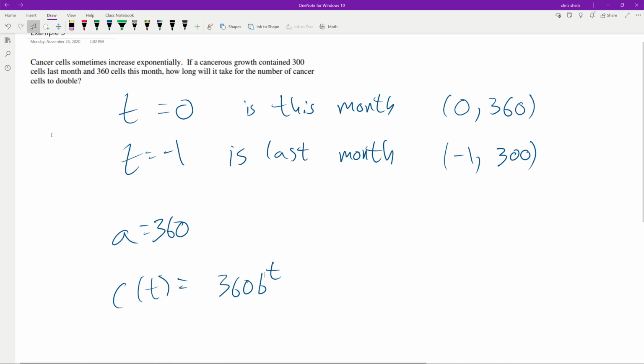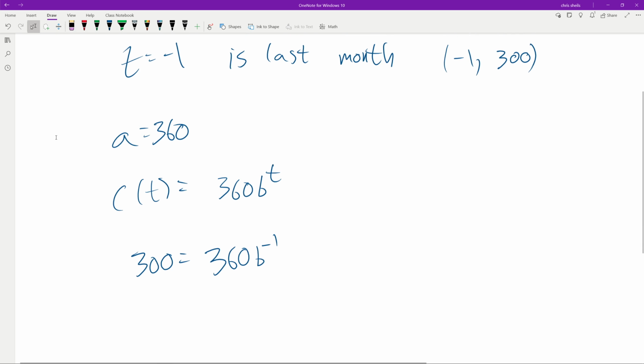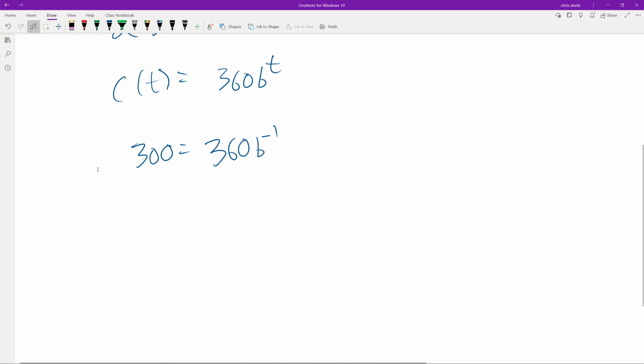If I substitute in this other point that I have, then I get 300 equals 360 times b to the -1. This gives me 300 equals 360 over b.